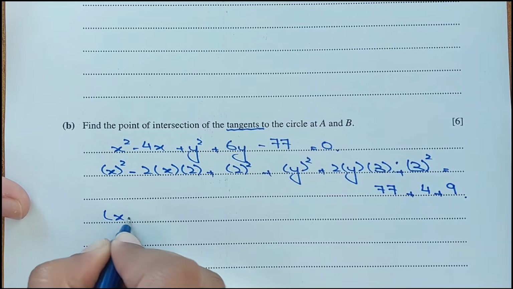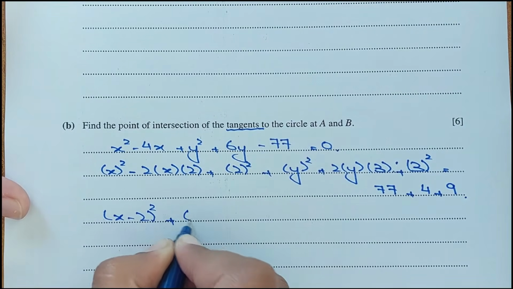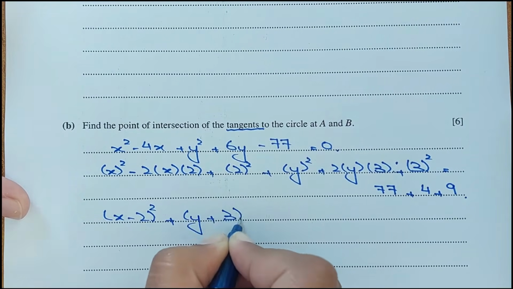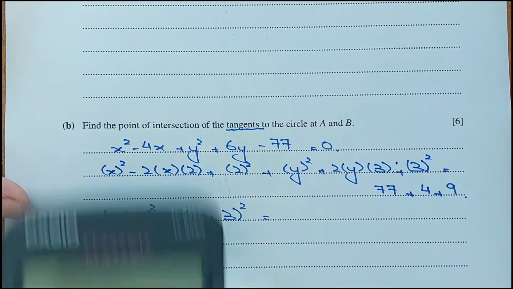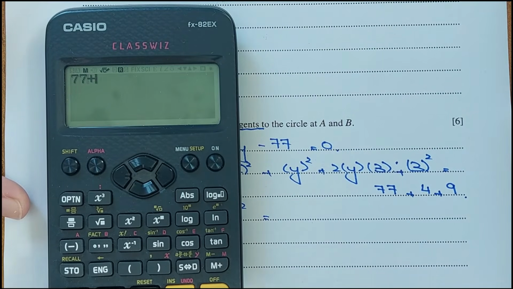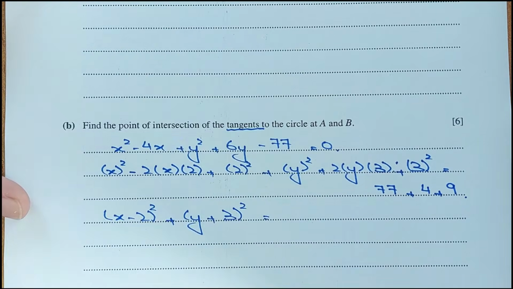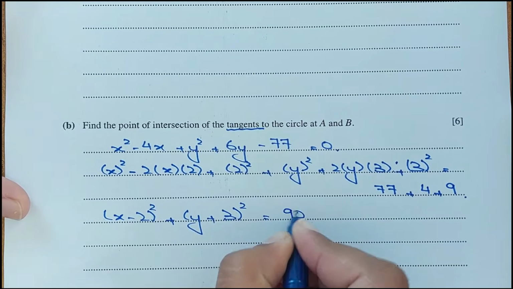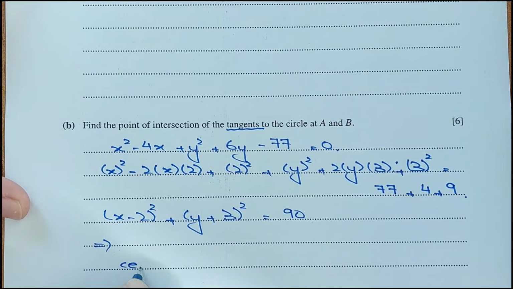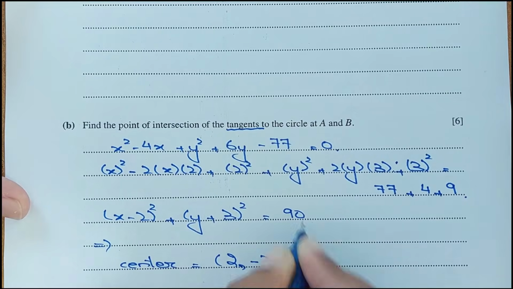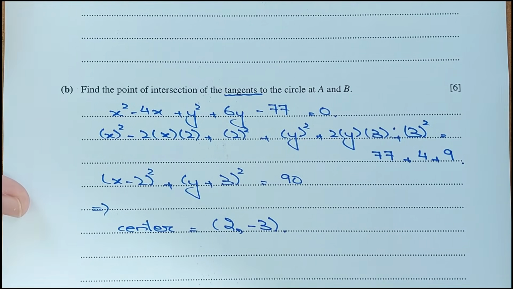This is (x minus 2) whole squared plus (y plus 3) whole squared equals 77 plus 4 plus 9, which is 90. So we can say that the center of the circle is (2, negative 3), and the radius of the circle is square root of 90, right?